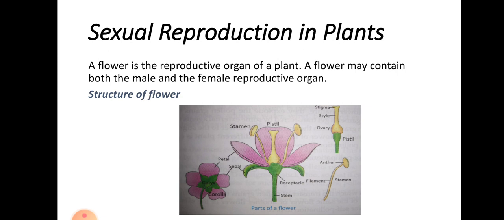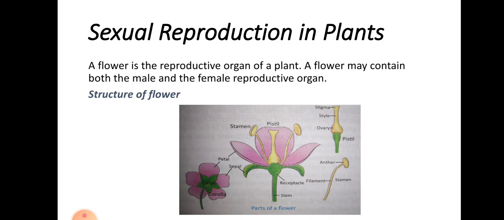So we are talking about the structure of a flower. The flower stands on a stalk called the pedicel. When the upper part of the pedicel is swollen, it is called the thalamus or receptacle. This receptacle supports the four whorls of the flower, as you can see in the diagram.